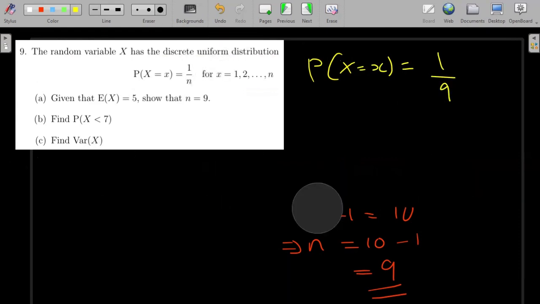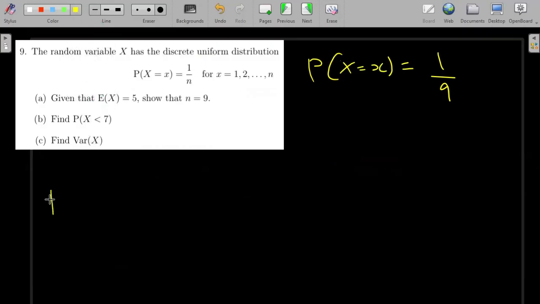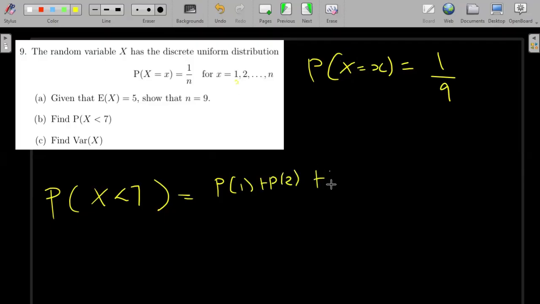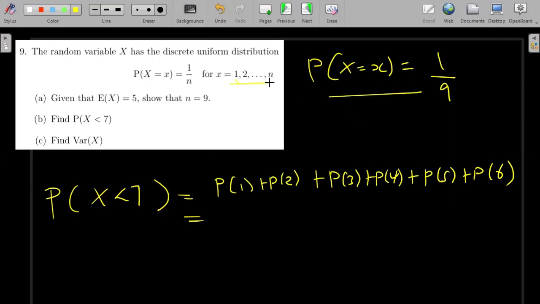For part b, they're saying find the probability that x is less than 7. The probability that x is less than 7 is the same as, since x starts at 1 here, the probability of 1 plus the probability of 2 plus the probability of 3 plus the probability of 4 plus the probability of 5 plus the probability of 6. These are the ones that are less than 7. Whatever value you have here, the probability function remains constant.